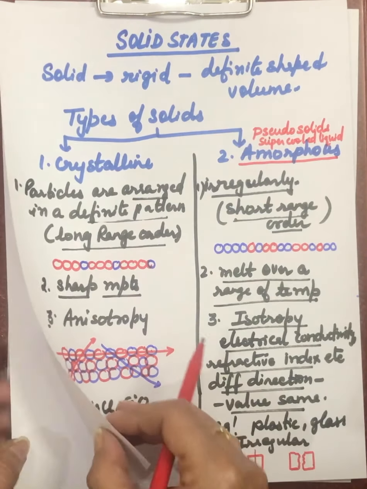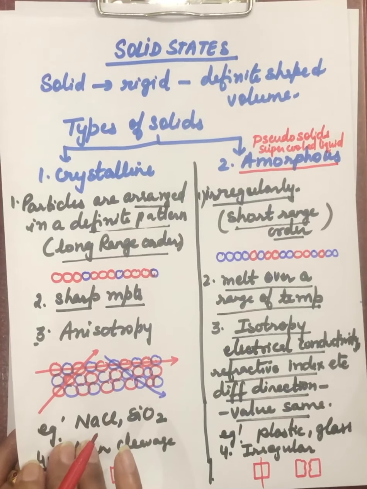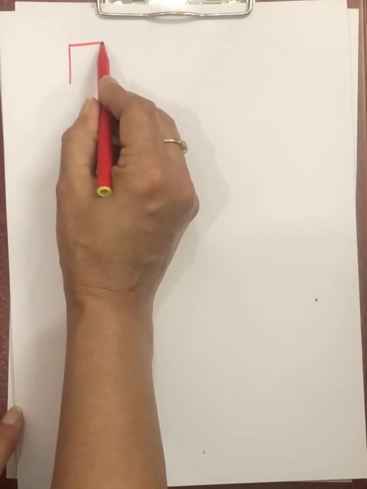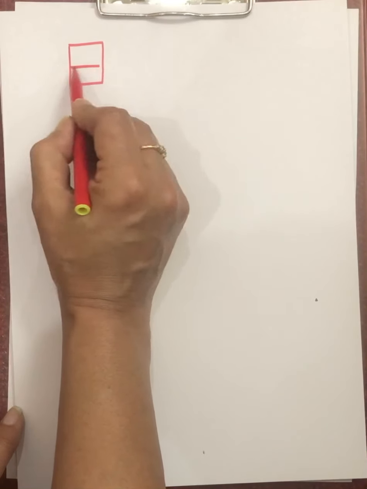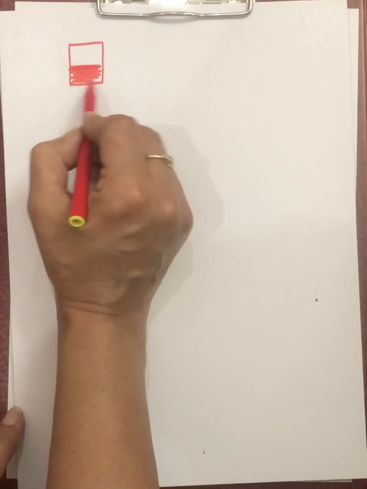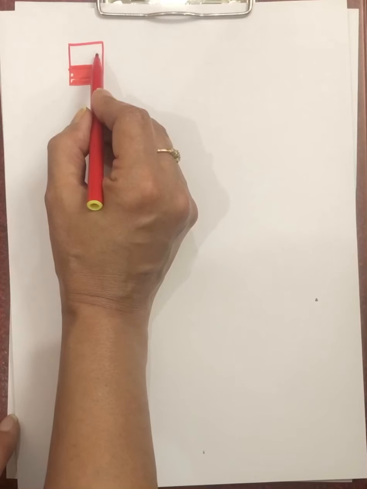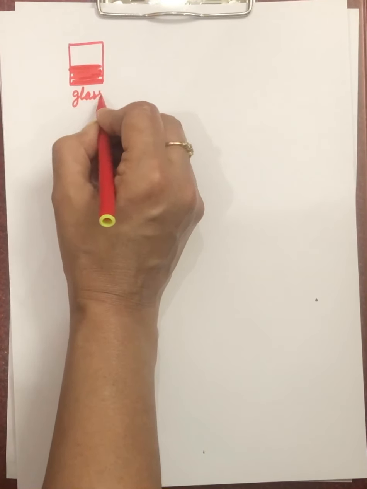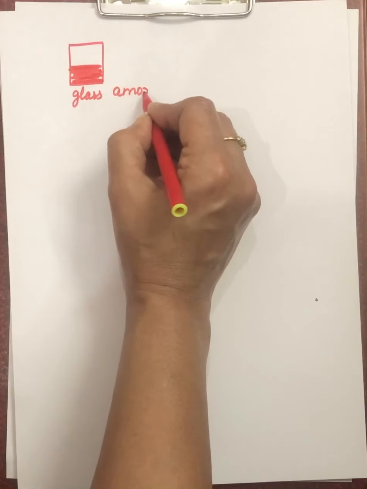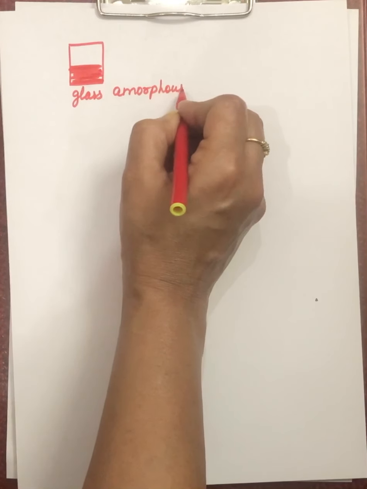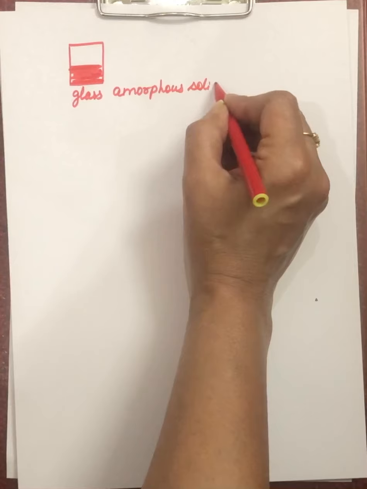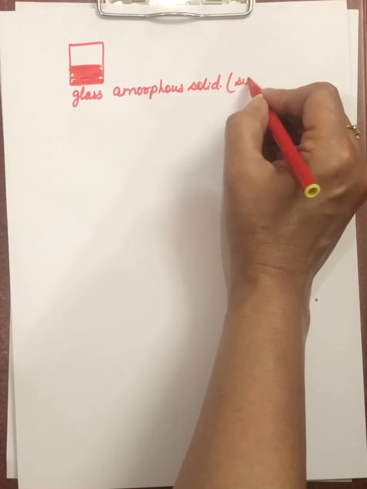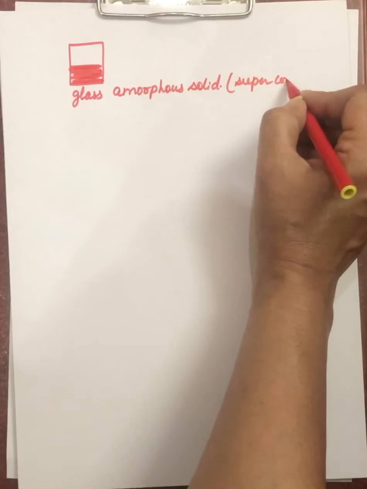Glass of the window panes of some very old buildings are found to be thicker at the bottom. Why is the glass of very old buildings thick at the bottom and thin at the top? The reason is glass is an amorphous solid, or it is a supercooled liquid.